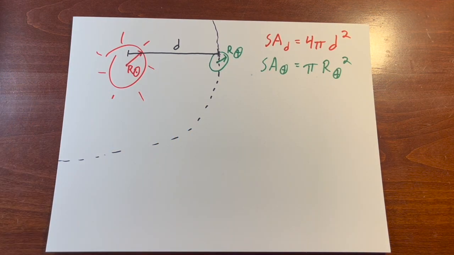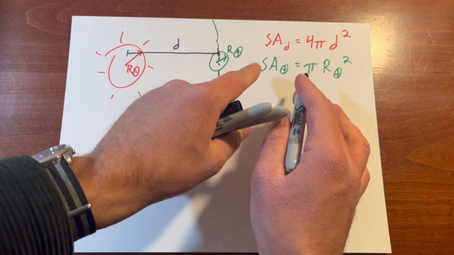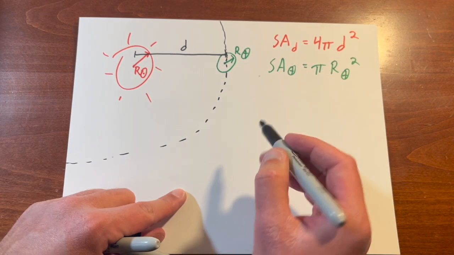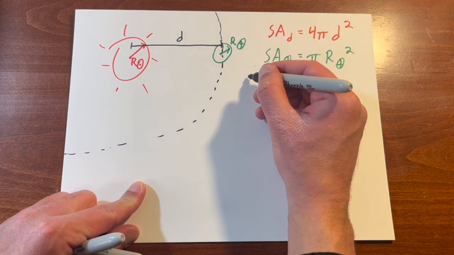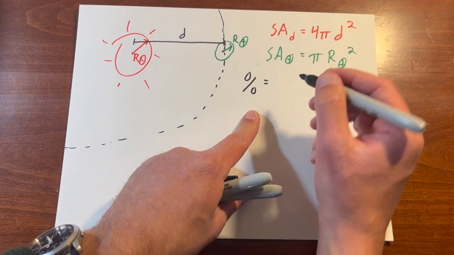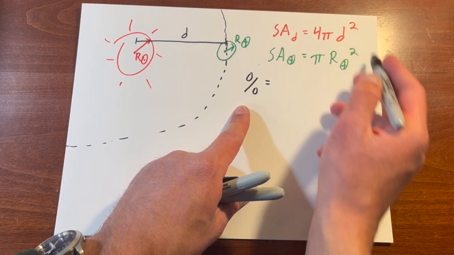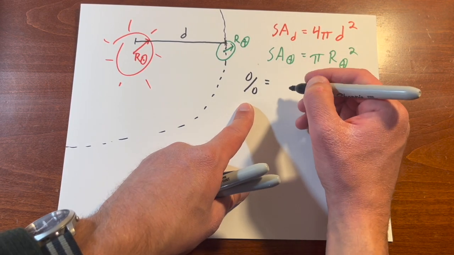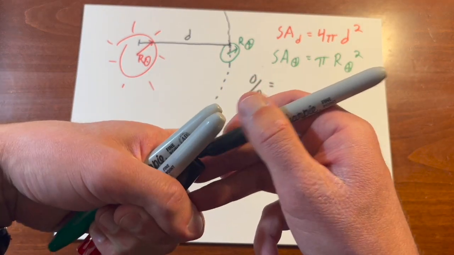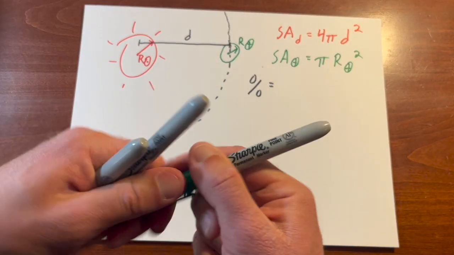So now we need to consider what percent of this total area does the Earth actually take up. So let's just call that a percent, but of the Earth's area compared to that total surface area of the sphere. We're just going to divide these two equations, right?